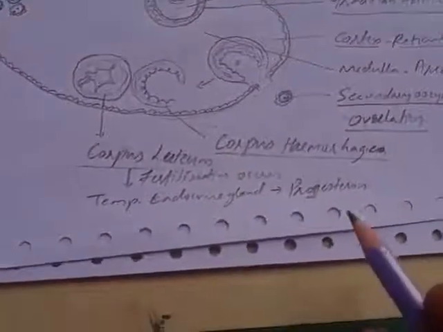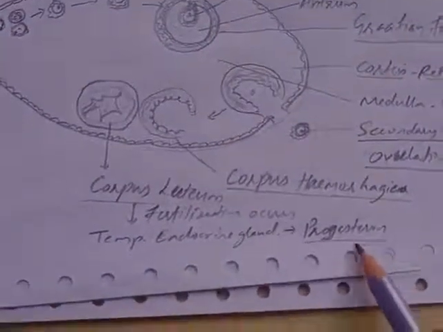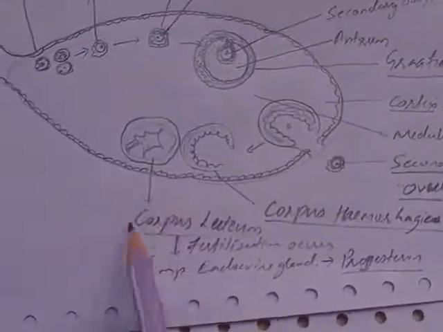The progesterone hormone is called the pregnancy hormone, which is released by this corpus luteum.